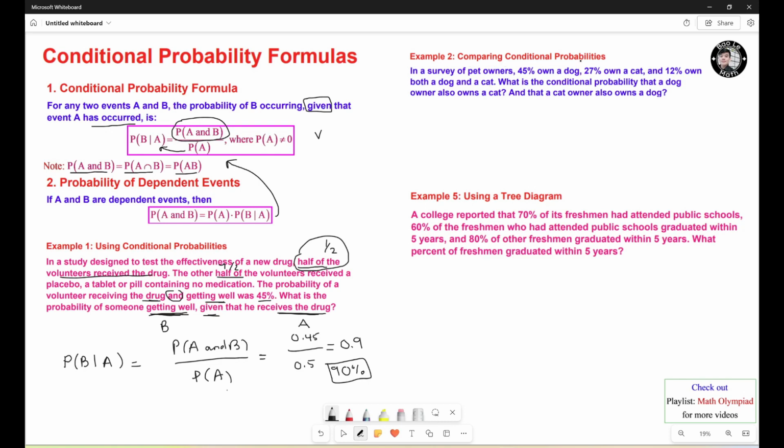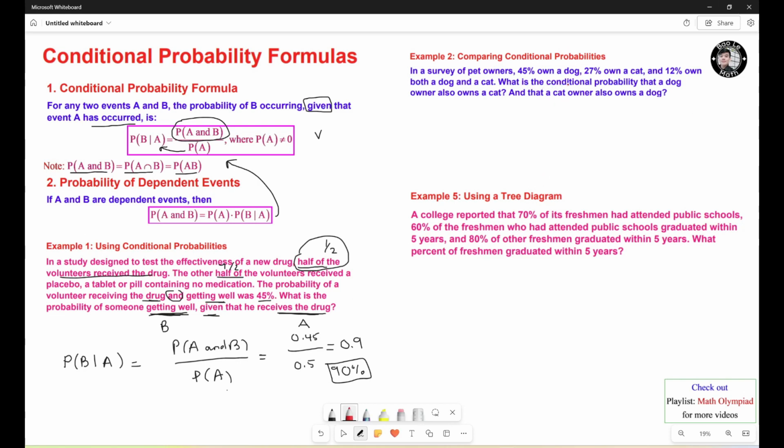Comparing conditional probability. In a survey of pet owners, 45% own a dog, 27% own a cat, and 12% own both a dog and a cat. What is the conditional probability that a dog owner also owns a cat, and that a cat owner also owns a dog? Now we need to analyze this problem.